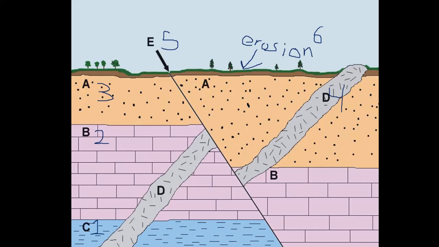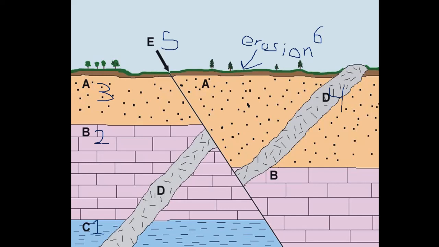Alright, so in dark blue, I'll put down the number next to which order that these rocks came. So C is number 1, because it's the one on the bottom. B is the second oldest, because it's on top of C, but below everything else.